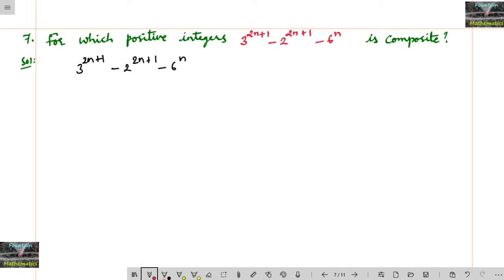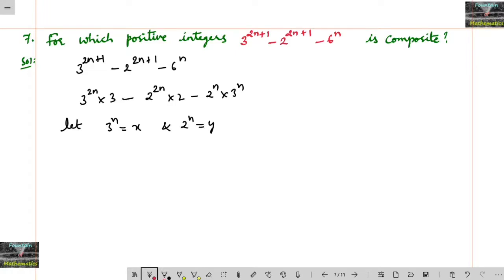This we can also write as 3 to the power of 2n into 3 minus 2 to the power of 2n into 2 minus 2 to the power of n into 3 to the power of n. Let 3 power n be x and 2 power n be y. So we can write the equation as 3x square minus 2y square minus xy.